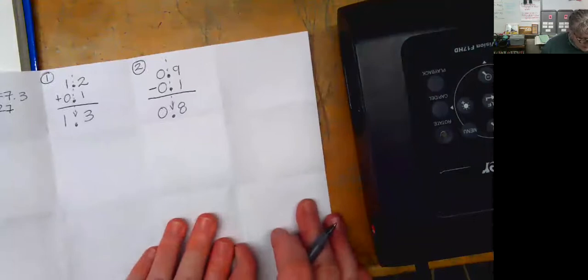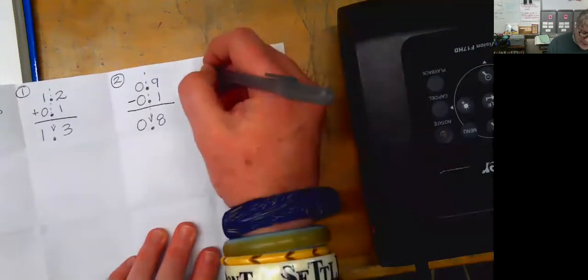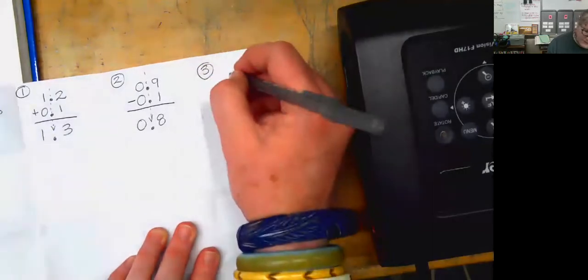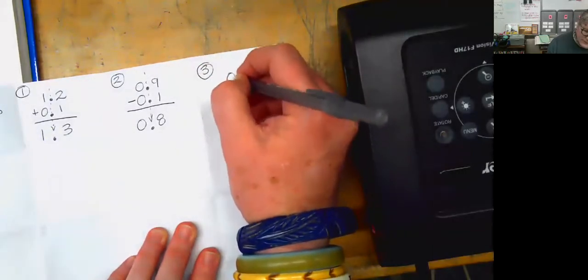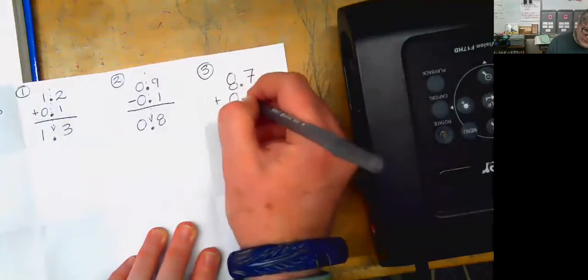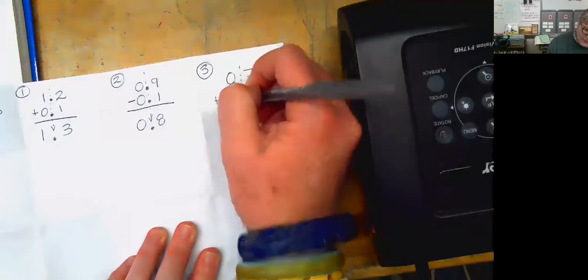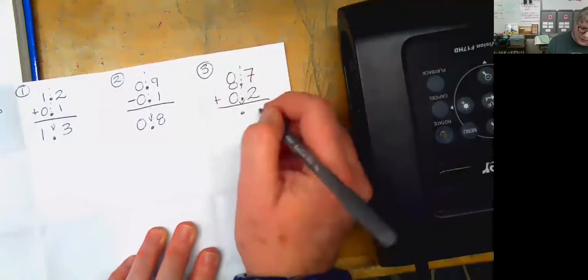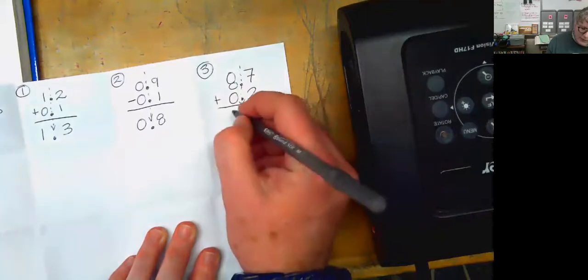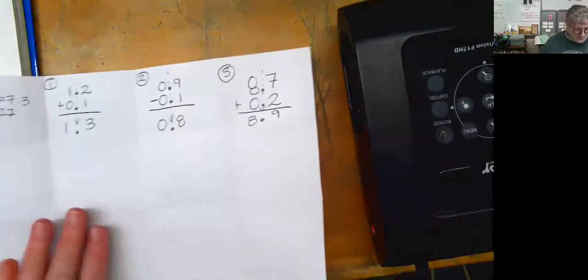All right, let's look at number 3. Number 3 says 2/10 more than 8 7/10. So again, we've lined this up and we end up with 8 9/10, right, as our answer.